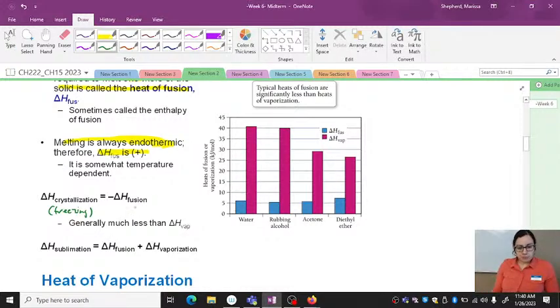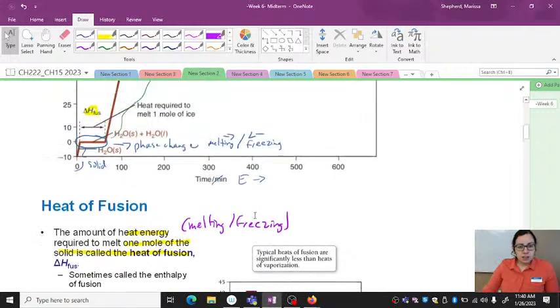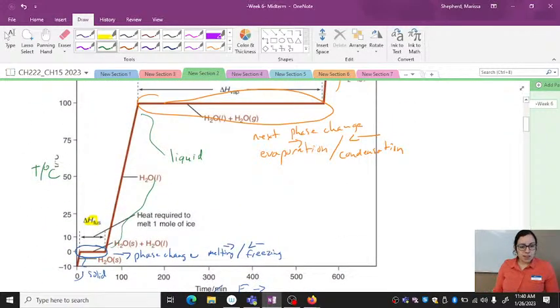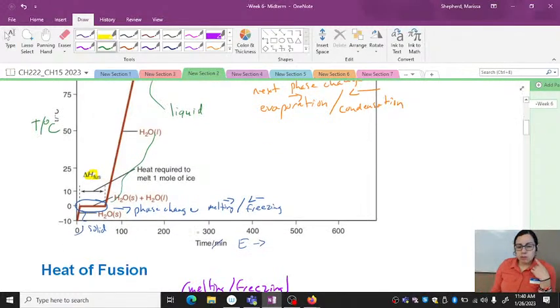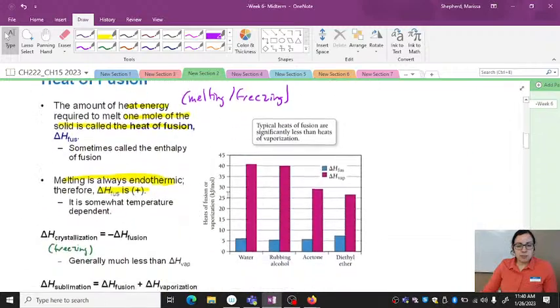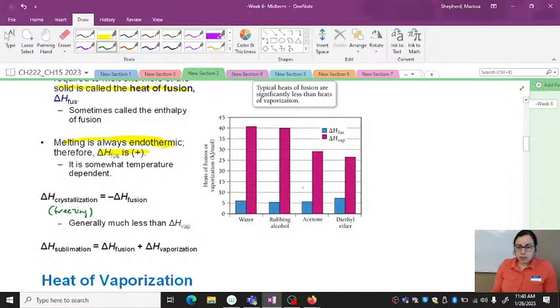And so in general, we're just seeing that the heats of fusion tend to be much less than the heat of vaporization. And again, you kind of got a sense for that in this chart, right? Because the vaporization took just a lot longer time-wise, and we're assuming that whatever energy is being put in is constant, so it required a lot of energy. And so you can at least get a feel for that with these different substances.